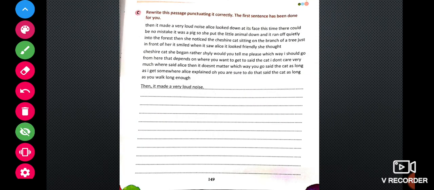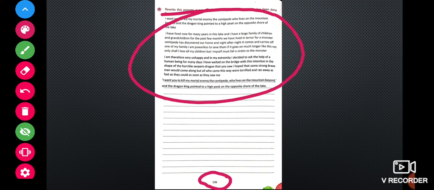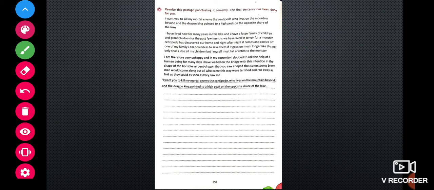Next we have exercise C on page number 149, and we have exercise D on page number 150. These two pages too you have to do on your own. You have to do nothing except punctuating the paragraphs or punctuating the sentences which are given, which is going to be easy. If you find any doubts, you can ask me.